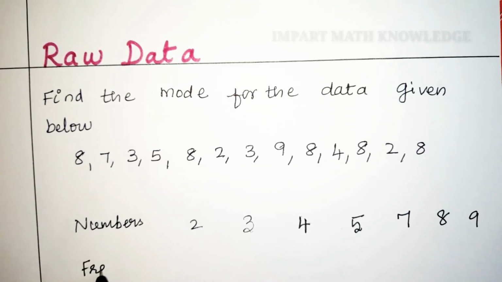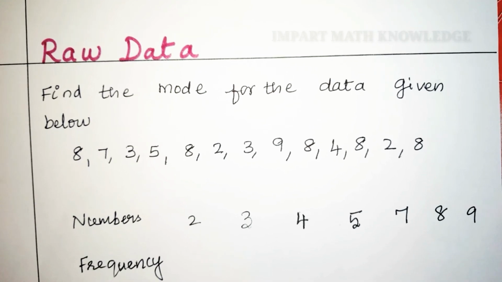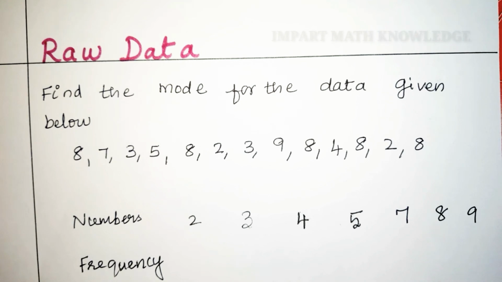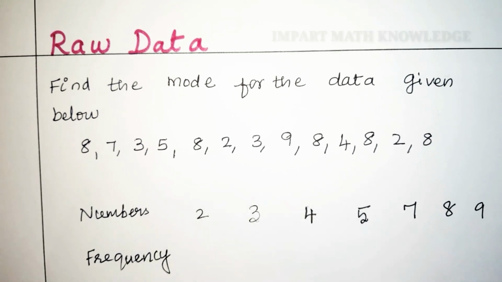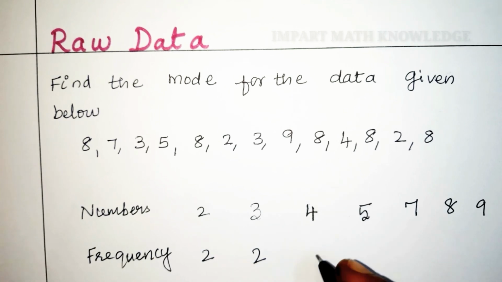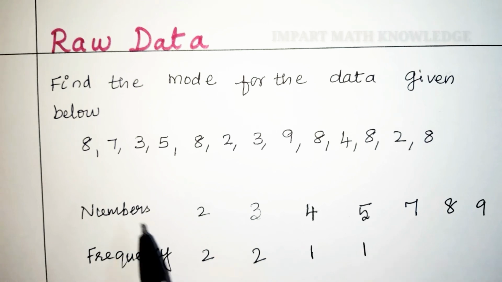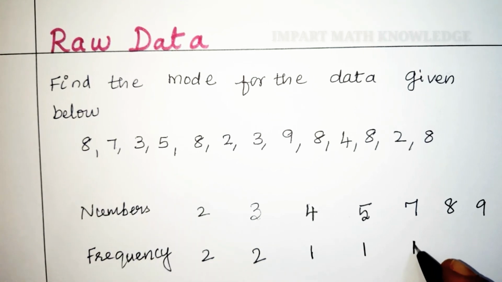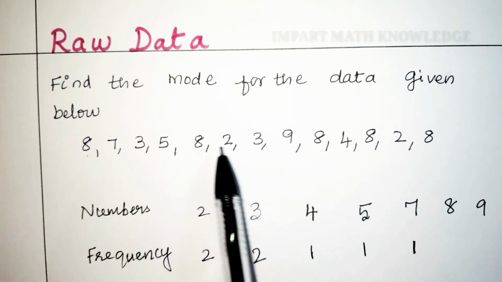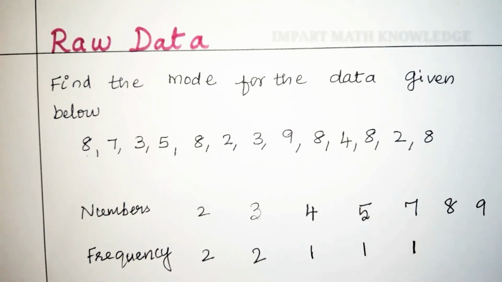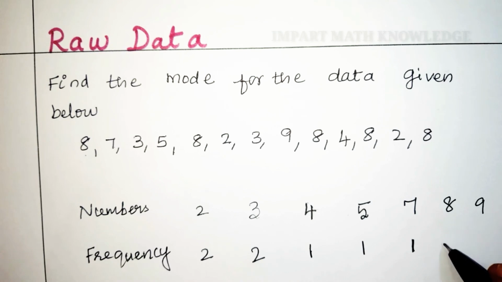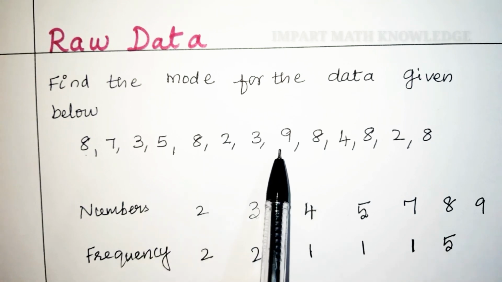Next we write the frequency. The frequency is nothing but how many times these numbers are repeated in the given series. 2 comes 2 times. 3 comes 2 times. 4 is not repeated. 5 only one time. 7 one time. 8 is repeated 5 times. 9 only one time.